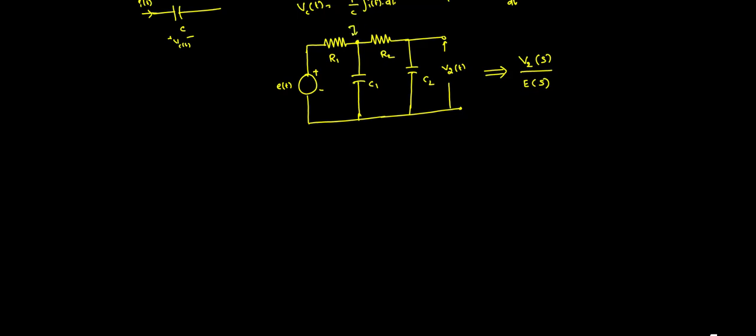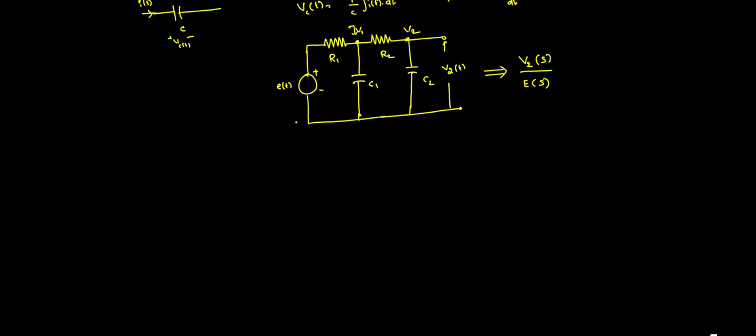Now I wanted to take the current in this particular node. That is simple. I am just considering this as V1 and this as V2. Now I am just taking the current.